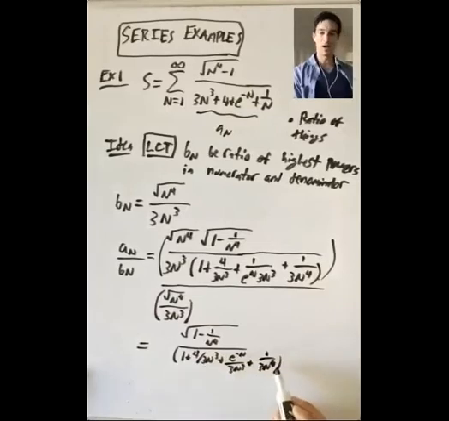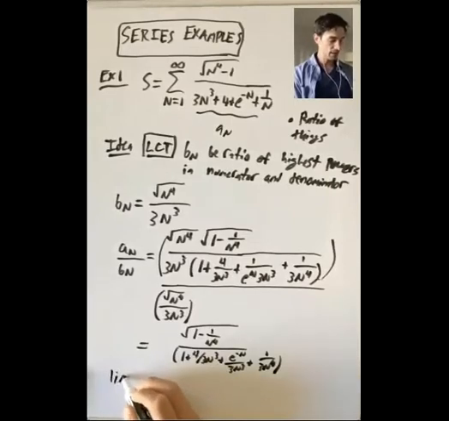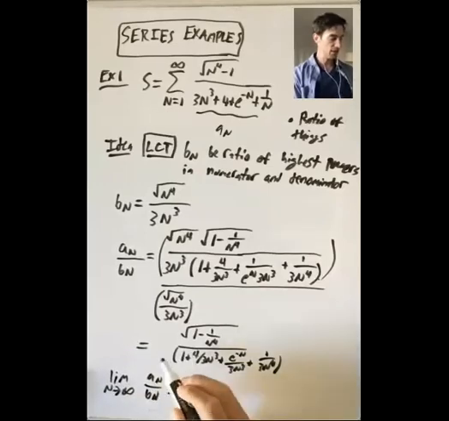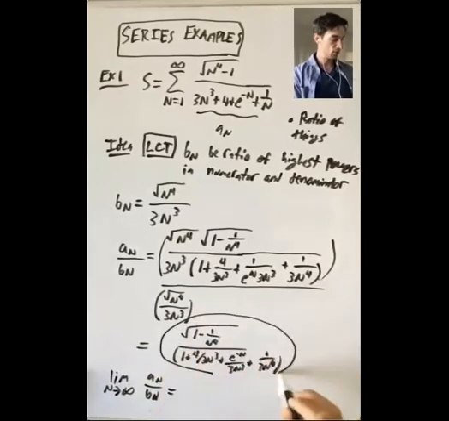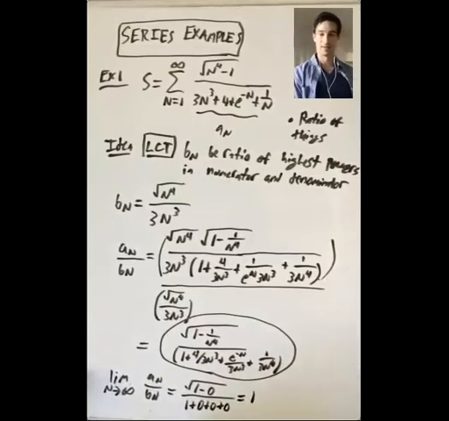What these terms are doesn't really matter, because as n gets really large, they're all going to 0. We see that the limit as n goes to infinity of an over bn is the limit as n goes to infinity of this whole quantity. And this is the square root of 1 minus 0 over 1 plus something going to 0 plus something going to 0 plus something going to 0, which is 1.